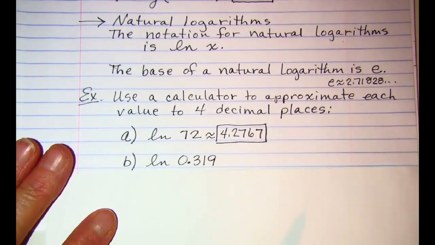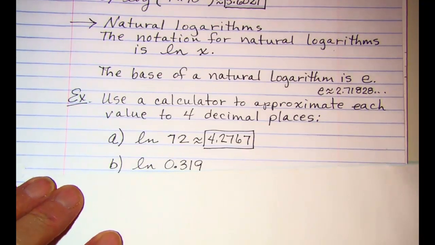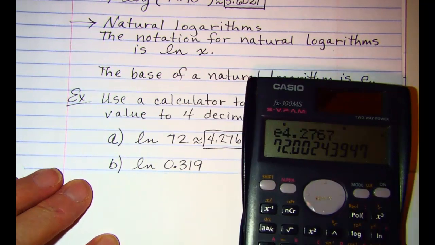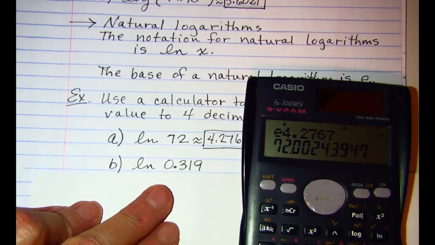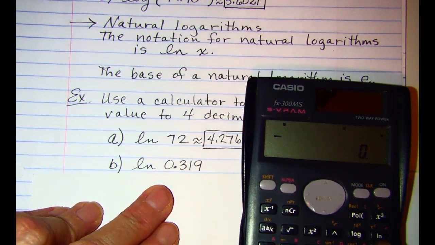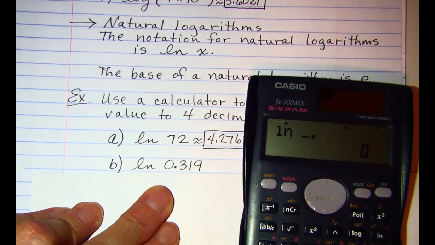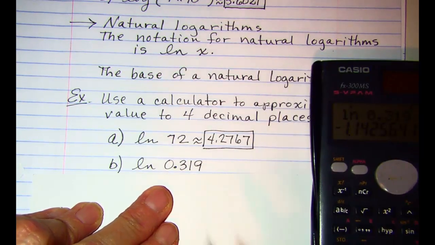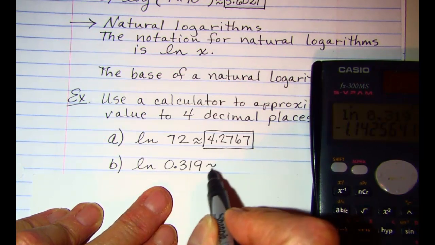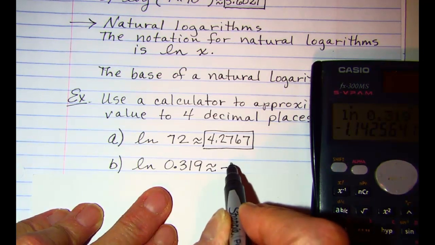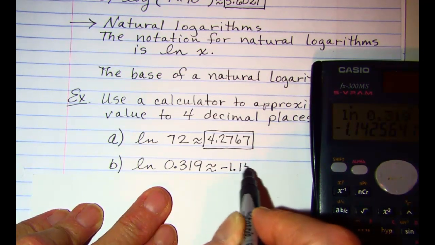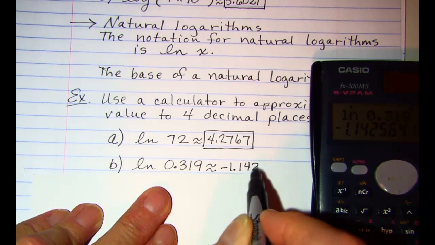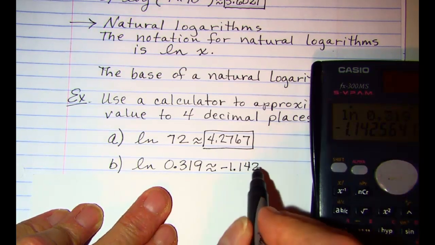Let's try another one. ln of 0.319. So I have approximately equal to negative 1.1426.